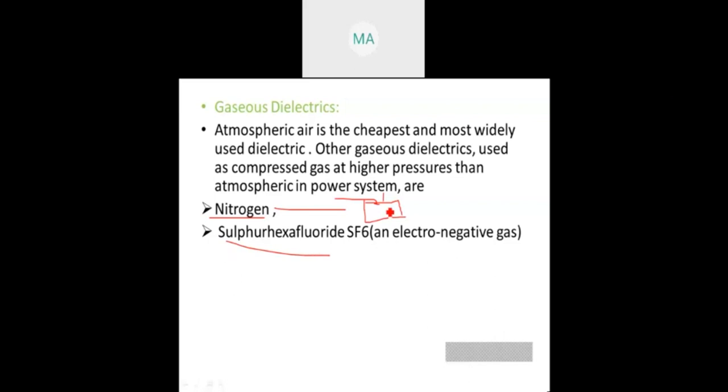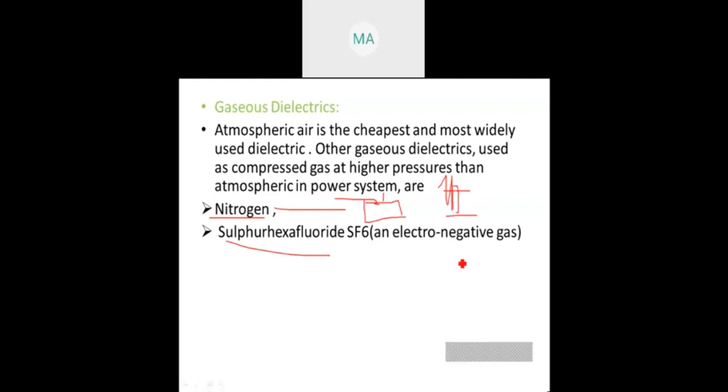It will act as a superconductor, the superconductor properties will be there. Here we fill nitrogen and sulfide in the tanks and pressurize them. In the circuit breaker we use high pressure gas and sulfur.